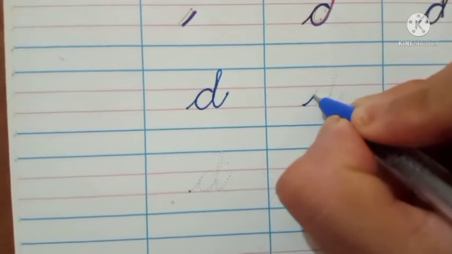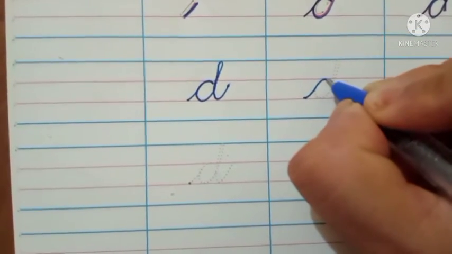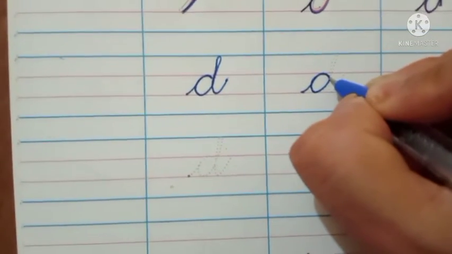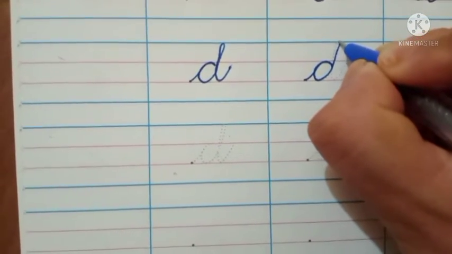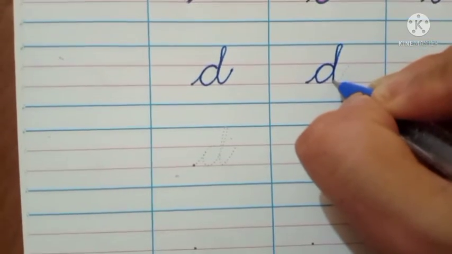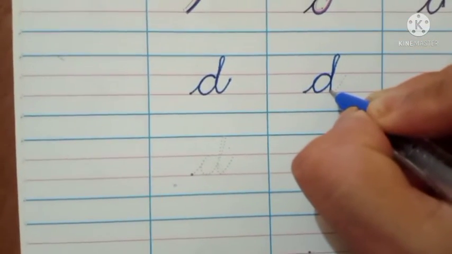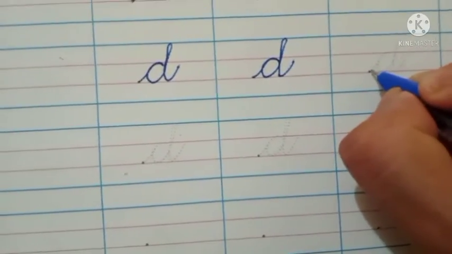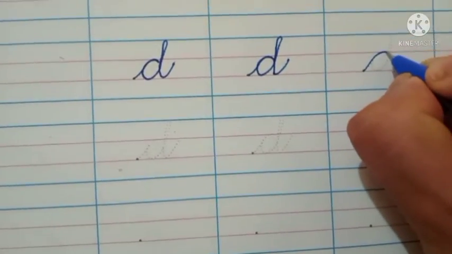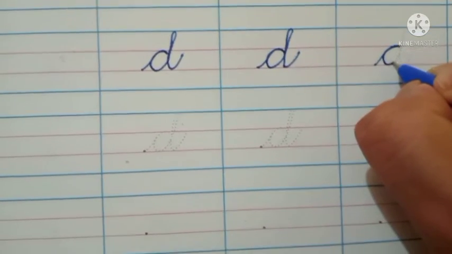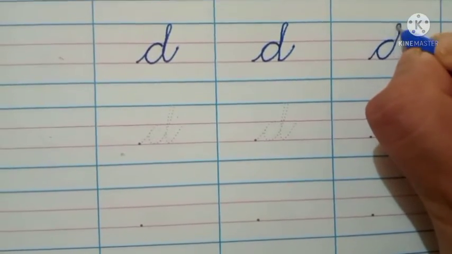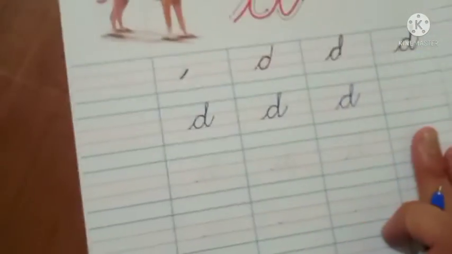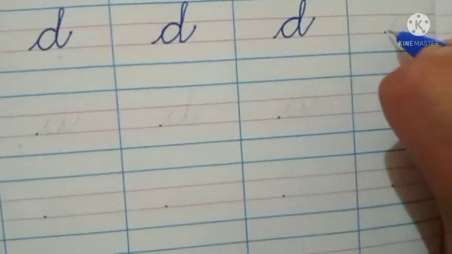Children, one slanting line, then making a curve, then closing that curve, then one line, then take a loop, then come down on the same line and go up. Right? I hope you all are getting me. Children, like that you all have to write.